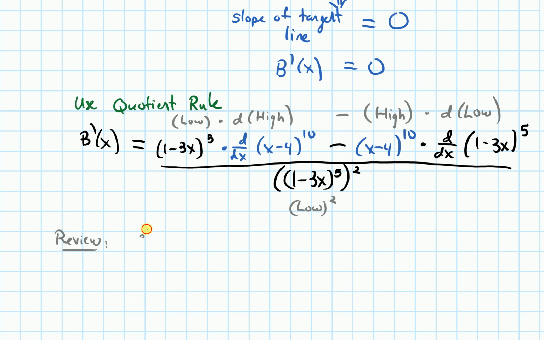From last time, when we took the derivative of something to the n power, I'm going to call the inside function just f of x. Taking this derivative requires the chain rule.